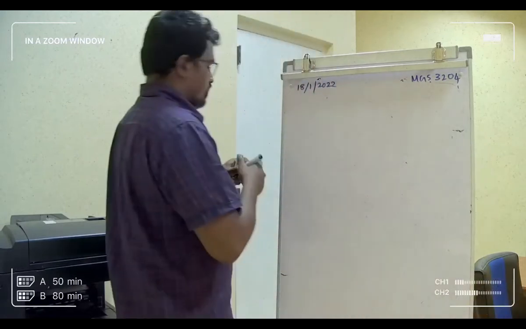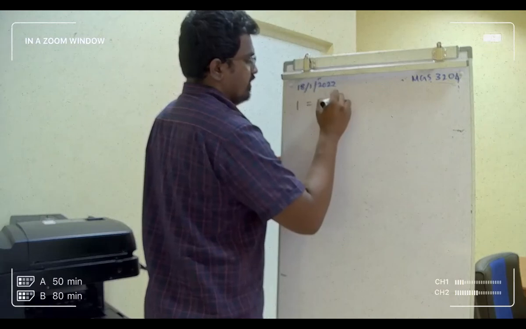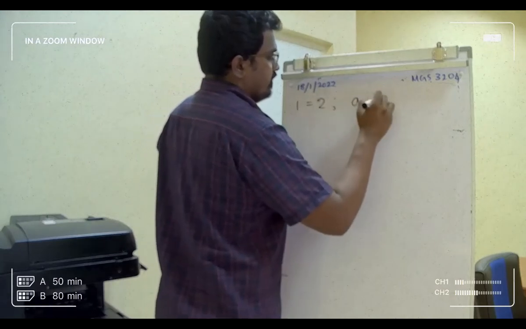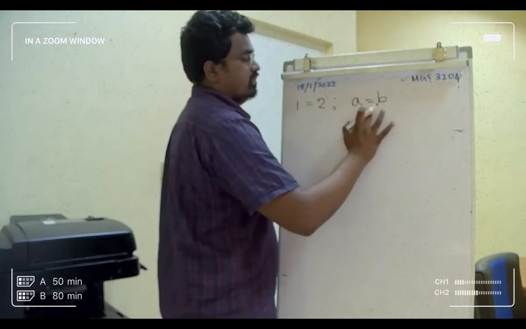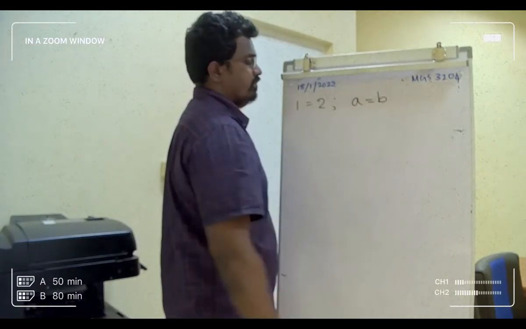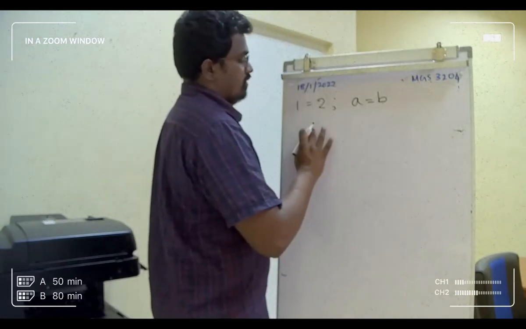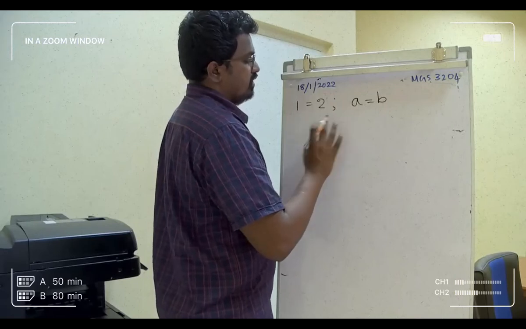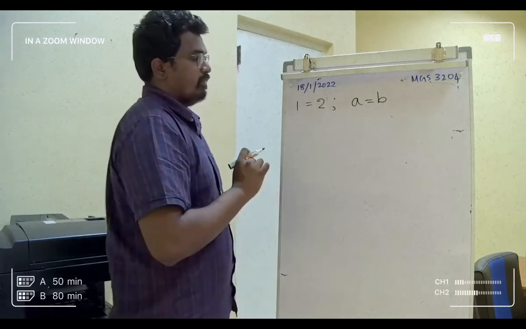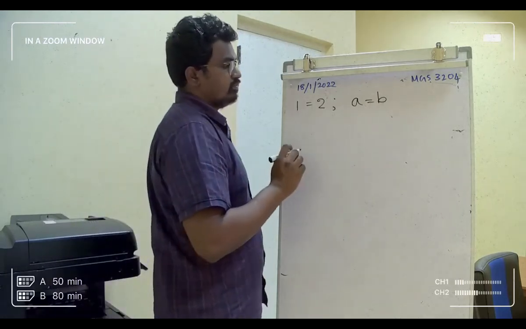Right. So what we'll do, we'll try to prove 1 equals 2. For that, let me say a equals b, letting this variable equal b. So we can say a equals b, and then let me first do something. Now we've got two variables a and b.